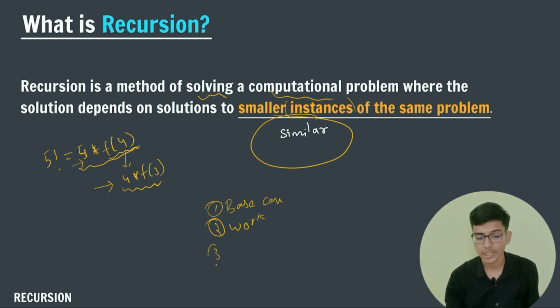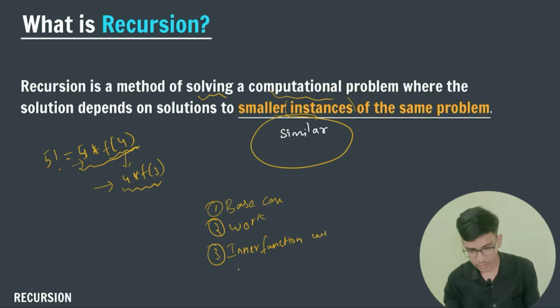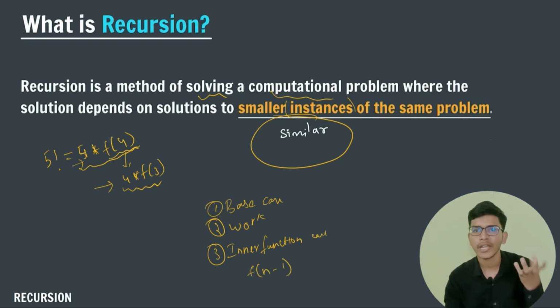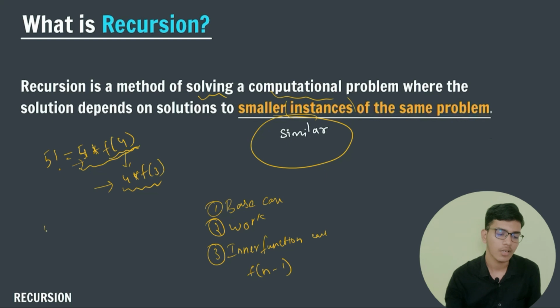The third one is function calling, the inner function call. That is, I am calling f of n minus 1, right? So you should know why I am calling it, you should know the logic. Why am I calling this f of 4? To calculate the factorial of a given number, I need to know f of n minus 1.